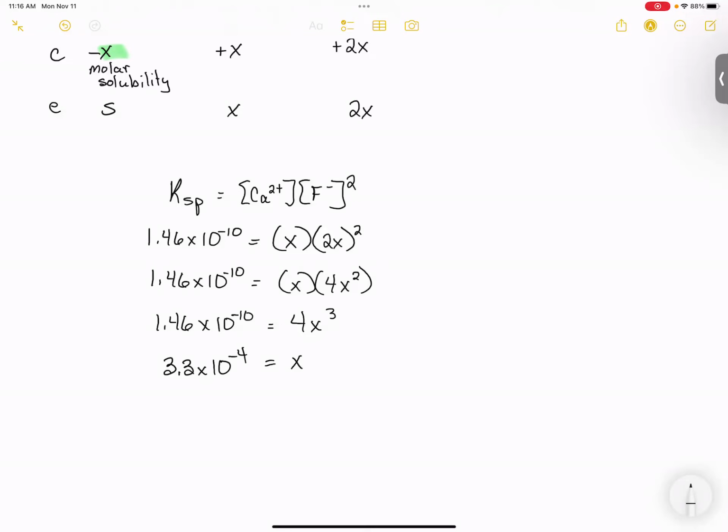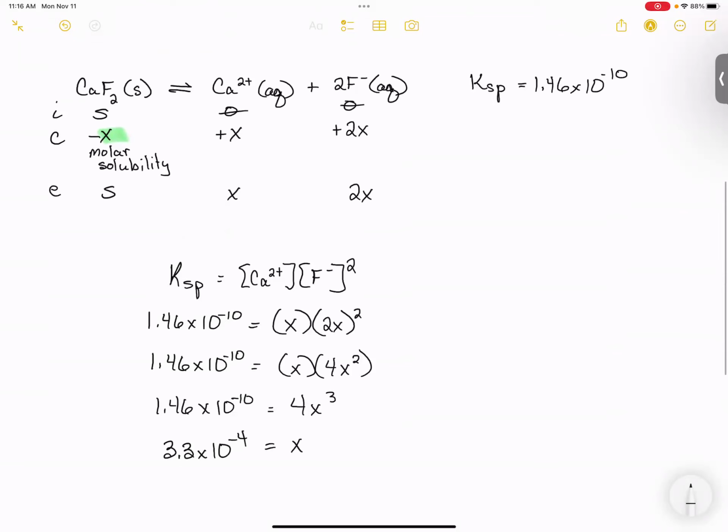The number 1 difference I've already discussed, and that is when we're looking at the change, for every 1 calcium fluoride that dissociated, you made 1 calcium and you made 2 fluorides. You had to take into account that stoichiometry in that change. So that's the first one.